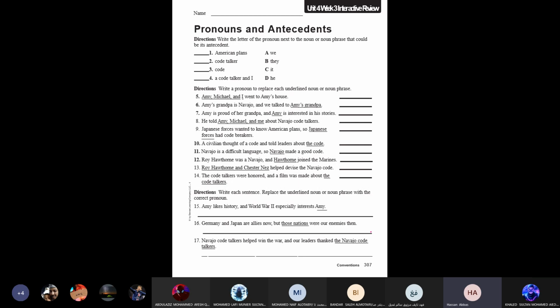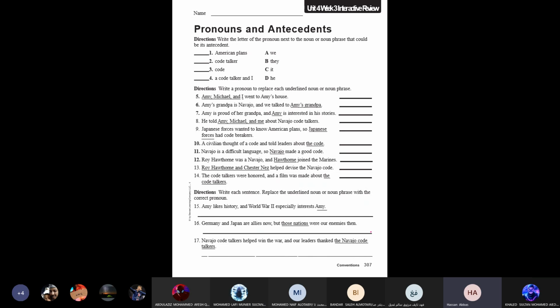Okay, so we have number 13. Muhammad Lafi. "Roy Hauser and Chester Nezhel devised the Navajo code." Very good.